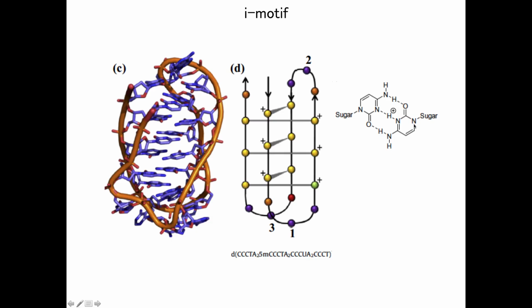But in acidic conditions, such an H binds to the lone pair of the N atom, and it results in three hydrogen bonds between the C and C. It means that this hydrogen bonding contributes to the stabilization of the i-motif structure. This is a cartoon of the i-motif structure.